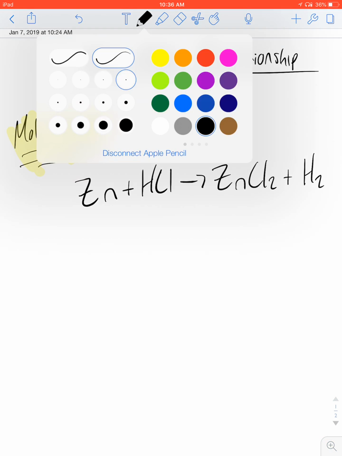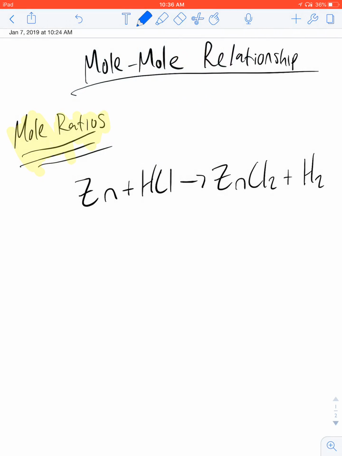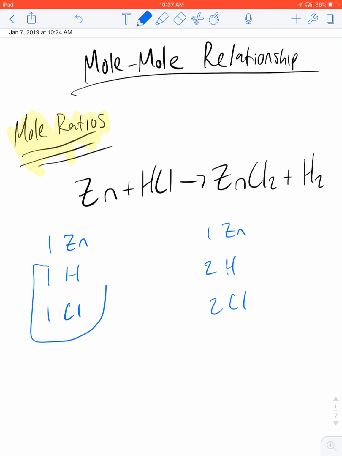Now, remember when we're given a chemical equation, the first thing we should do is balance it. And looking at this, we can see on the left side, 1 zinc, 1 hydrogen, 1 chlorine. On the right side, 1 zinc, 2 hydrogens, and 2 chlorines. So you can see on the left side here, hydrogen and chlorine, both we need 1 more of each one.